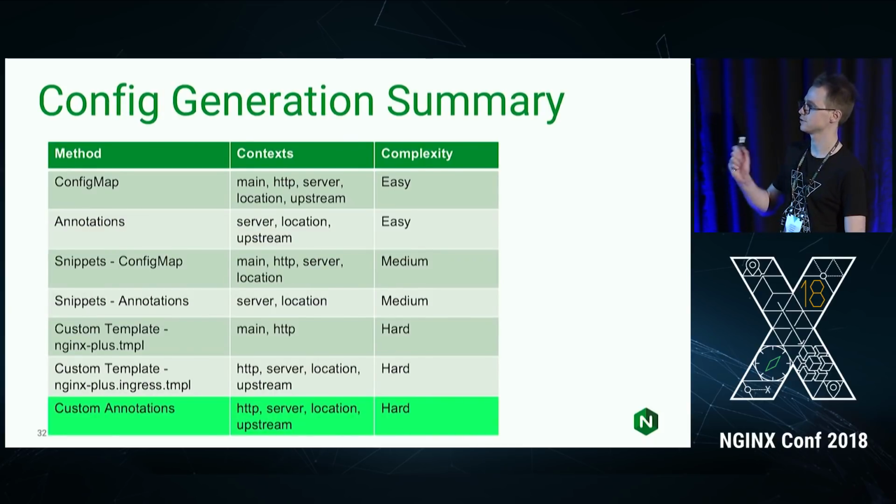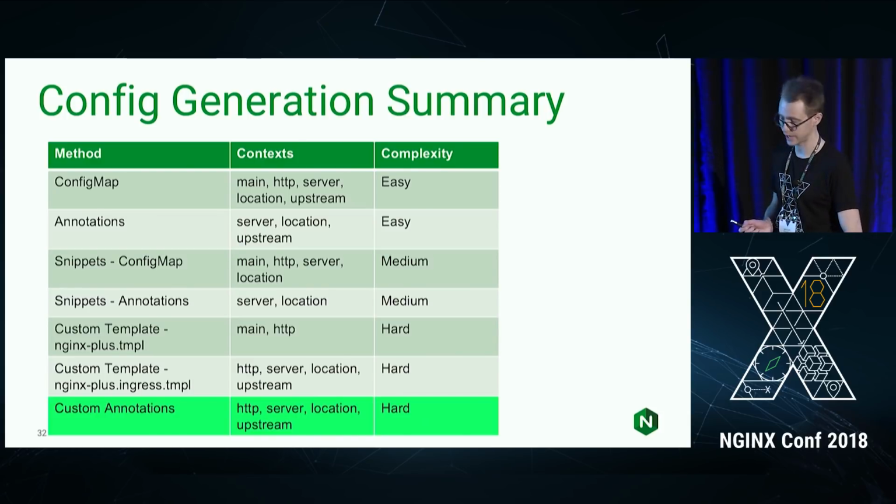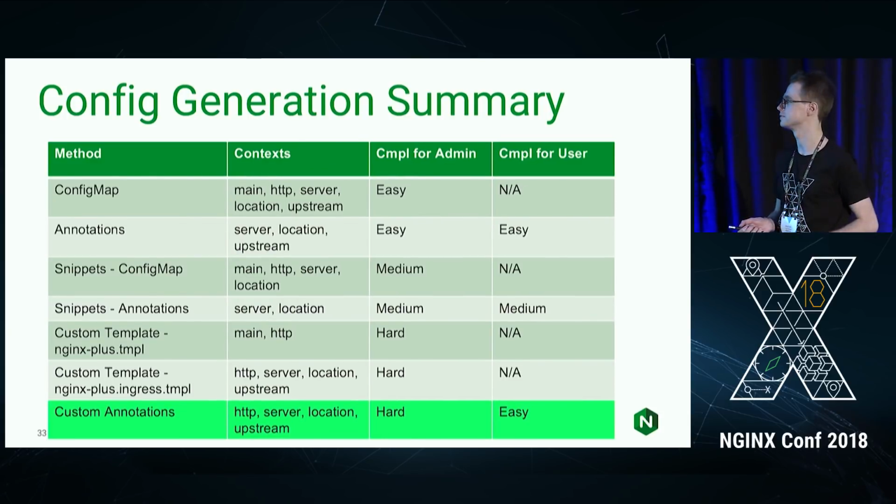The complexity of these custom annotations, again, is hard because you need to customize the template. However, if in your case you have different people who use the Ingress controllers and who actually run and manage them, it will only be hard for the admin to write those custom annotations, but easy for the users to use them.